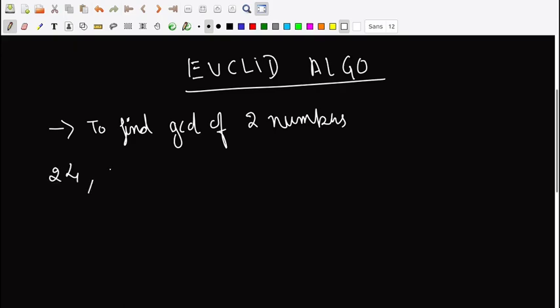24 and 12 are two numbers and we want to find GCD of these two numbers.